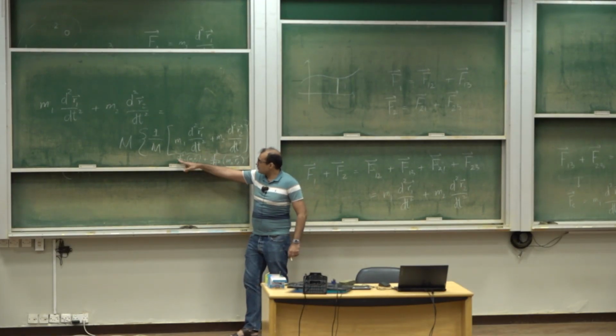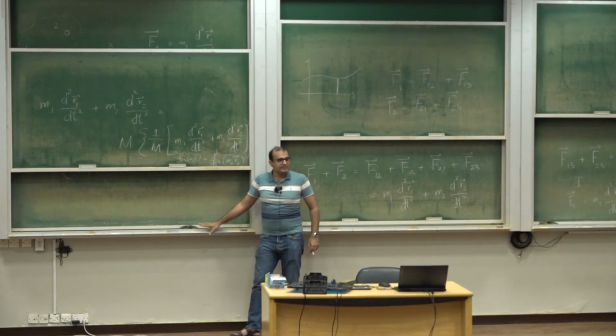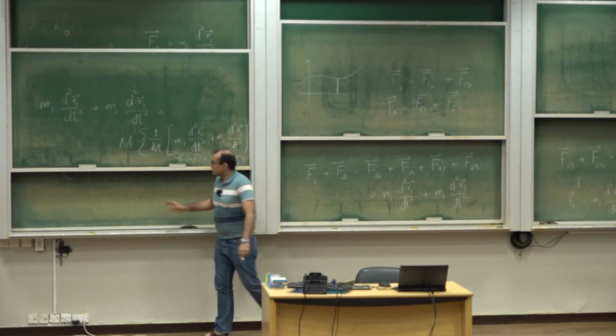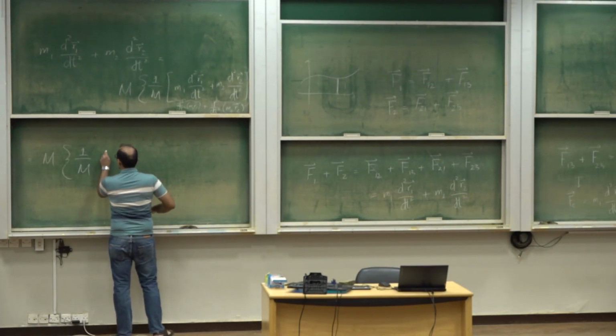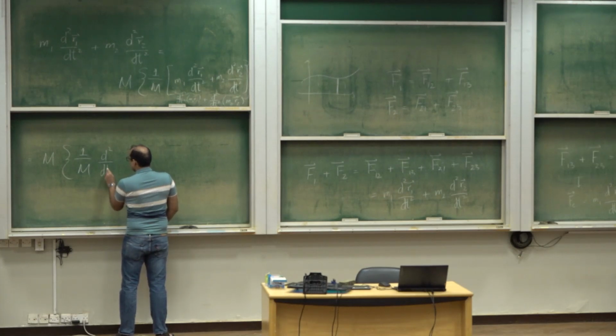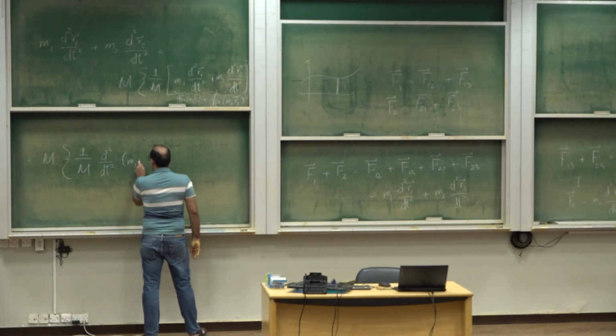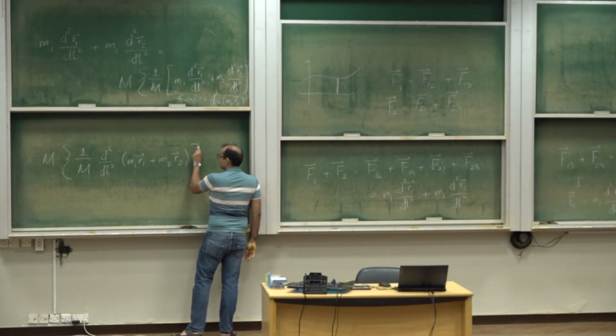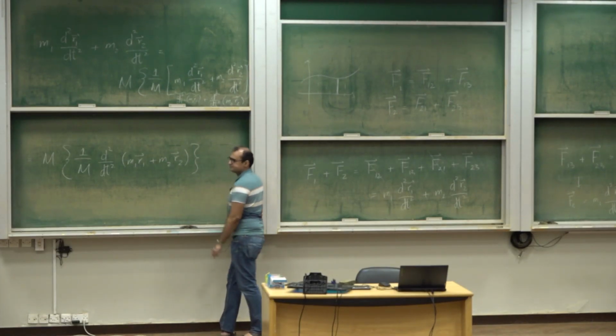As in, I can write this whole thing in the square brackets as the double derivative of m1 r1 plus m2 r2. Okay, so I can write the whole thing as double derivative of m1 r1 plus m2 r2. There you go.